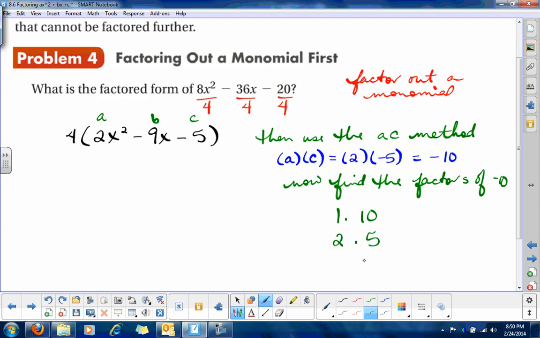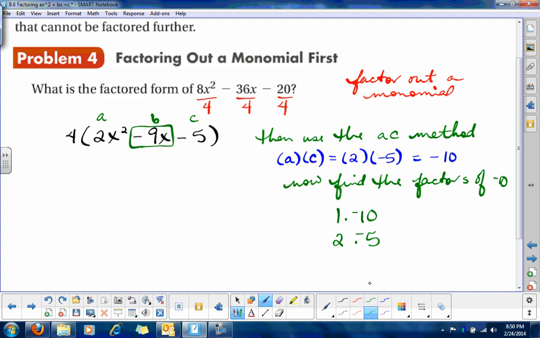Now don't forget that one has to be positive and one has to be negative. And in addition to that, when we add them, our final answer has to be negative. So that means that we want the larger numbers to be negative.